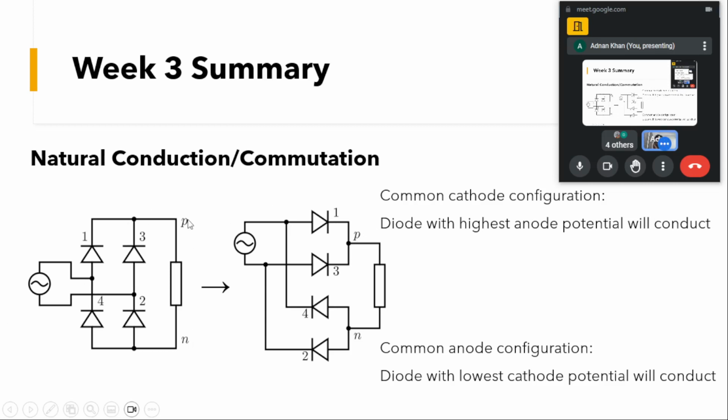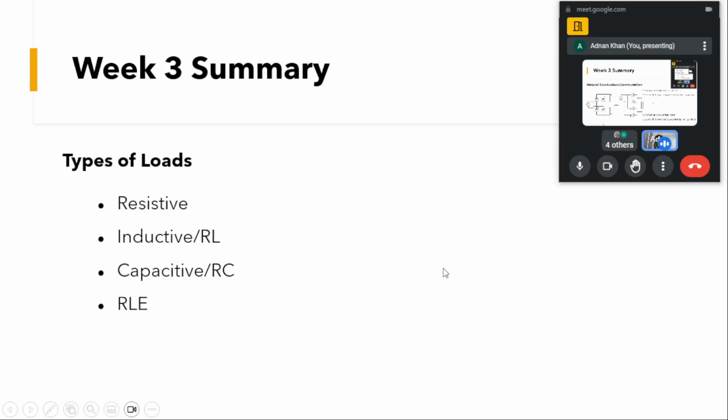Now coming to the second part, that is the load part. Different loads can be there, like resistive, and there can be inductive load, and most of the loads are inductive, because be it any wire, with some resistance there will be some inductance.